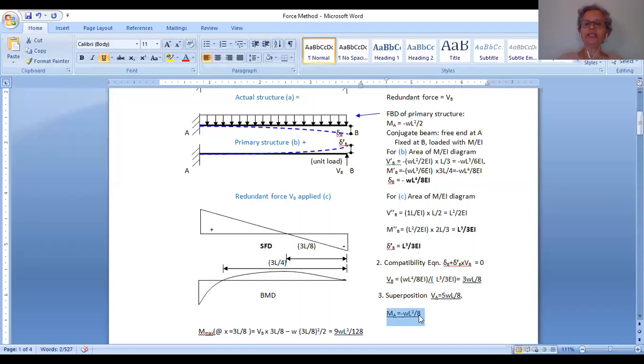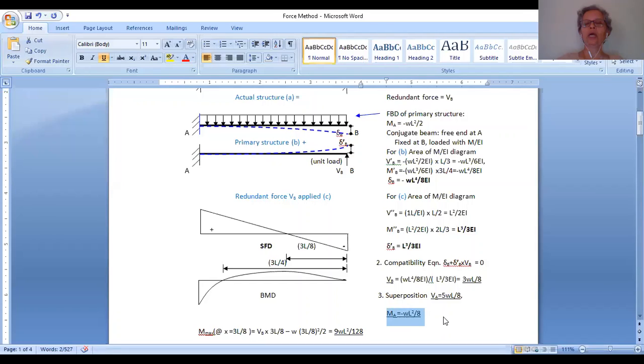So there is a substantial reduction in the moment at the support. When I design, I have to design the beam for a lesser moment, which means the sectional requirement will be less, the depth will be lesser. Do you agree with it? How much reduction is there? Four times reduction.